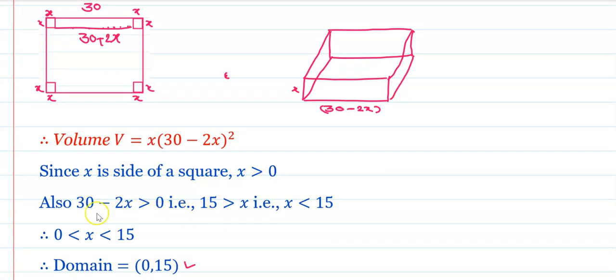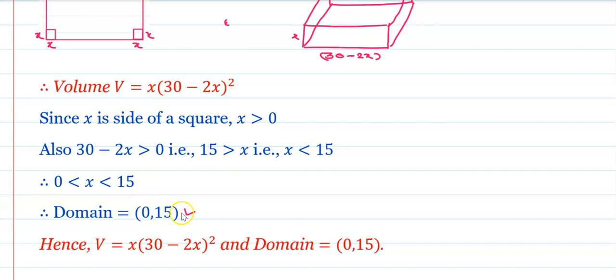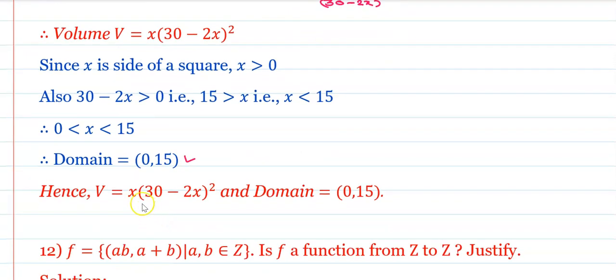Dividing both sides by 2, you get 15 is greater than x, or x is less than 15. The values of x lie between 0 and 15, and hence the domain is the open interval 0 to 15. Hence the final answer is the volume V equals the function of x, that is x into (30 minus 2x) whole square, and the domain is 0 to 15.